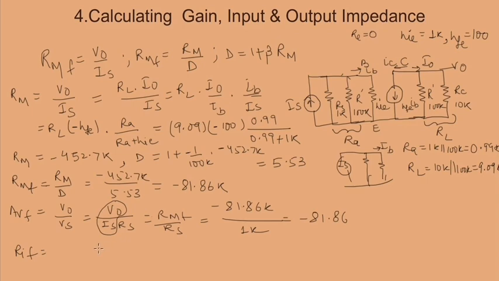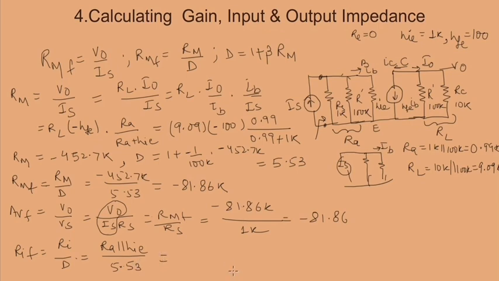Then comes RIF. RIF for the shunt topology is Ri by D. And what will be the value of Ri? Ri is the resistance at this point. It will be the parallel combination of Ra and HIE, divided by 5.53.